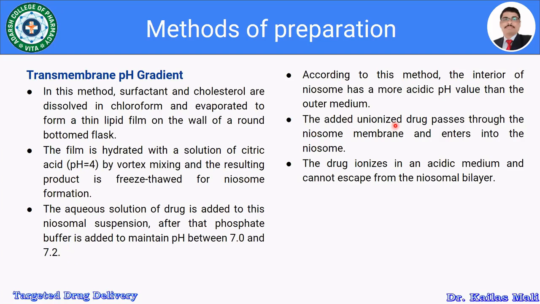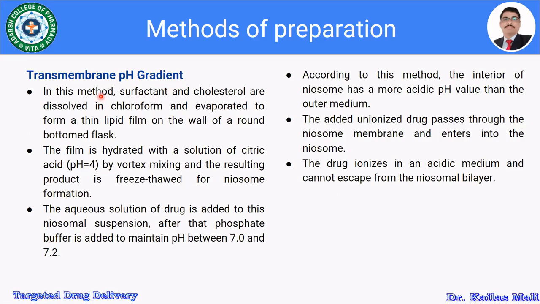The added unionized drug passes through the niosome membrane and enters into the niosome. The drug ionizes in an acidic medium and cannot escape from the niosomal bilayer. So it utilizes the pH gradient to load the drug into the niosome. That is the main principle behind the transmembrane pH gradient.